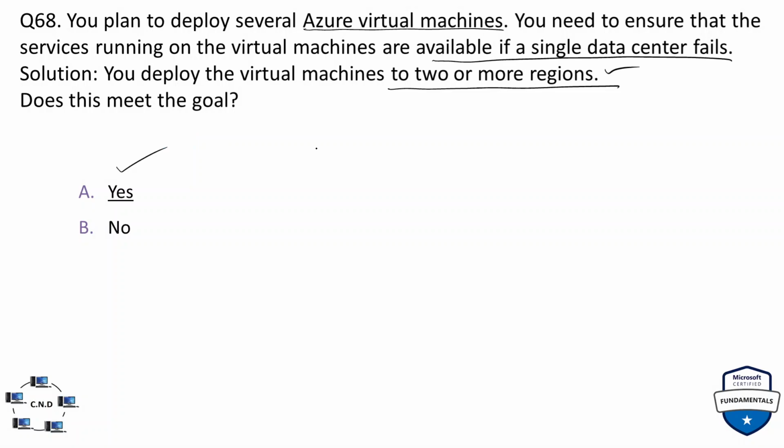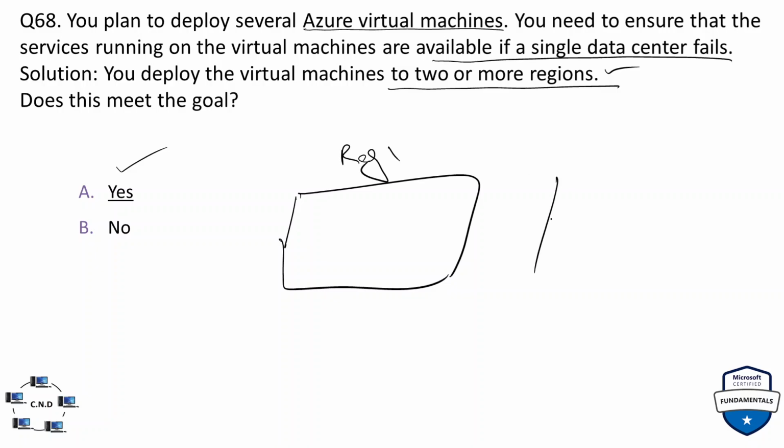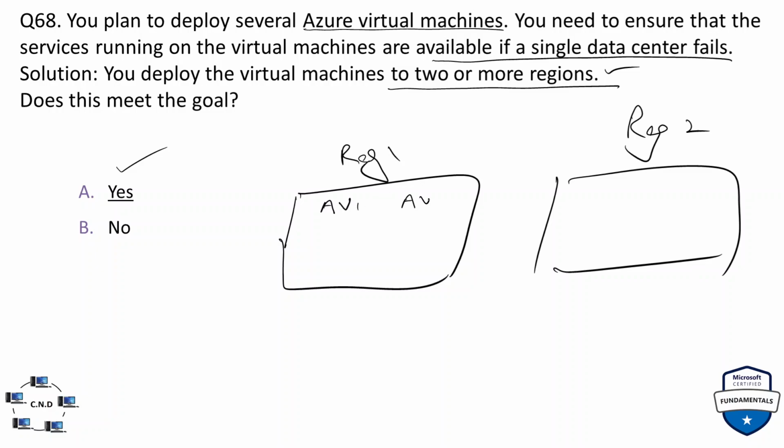So again, for high availability at the very high level, we have the regions. Let's suppose this is region 1 and here we have region 2. And inside regions we have availability zones. Let's have availability zone 1, availability zone 2, and availability zone 3. In the same manner, we have availability zones 1, 2, and 3.